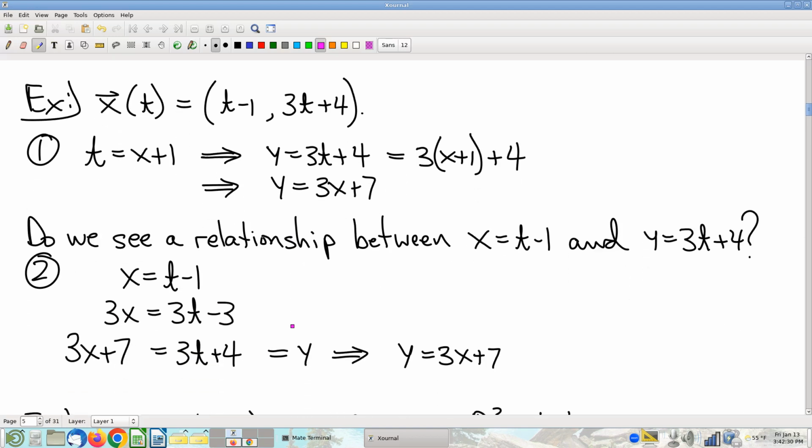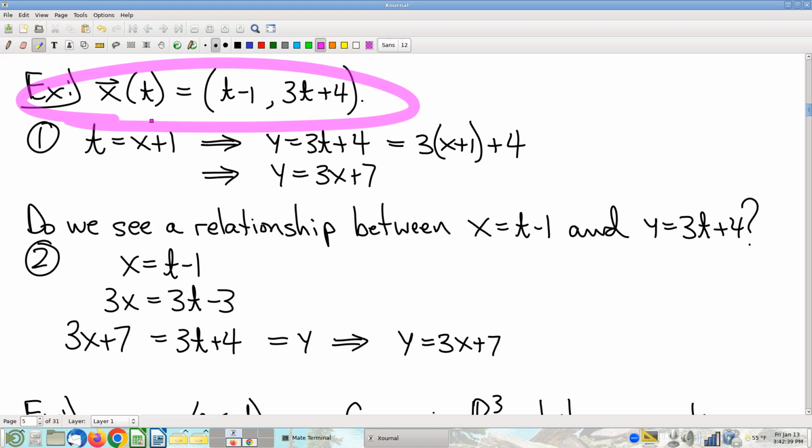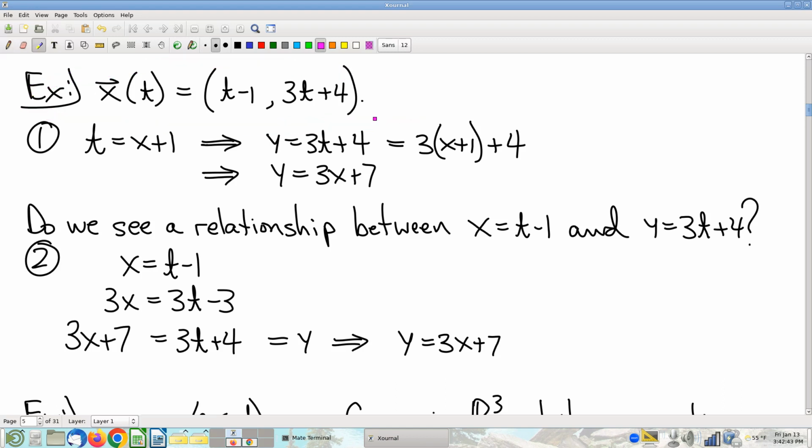I'm going to show you two ways to answer this question. So, what is parameterized by this? Again, this will work sometimes, not always. Don't forget, the first formula there is x, and the second one is y.